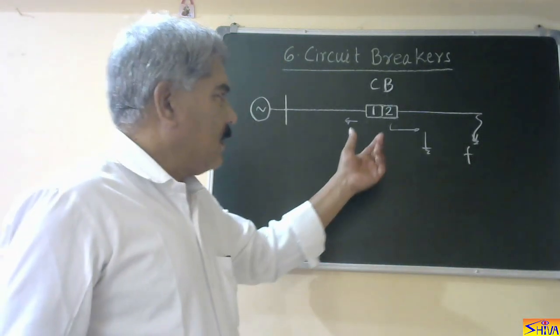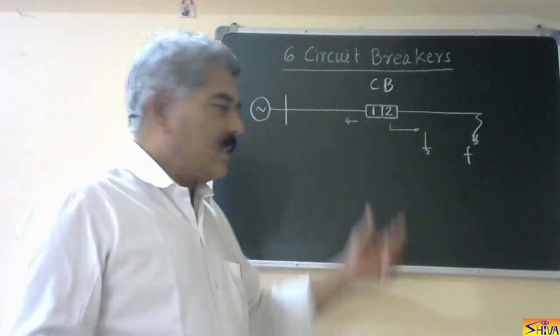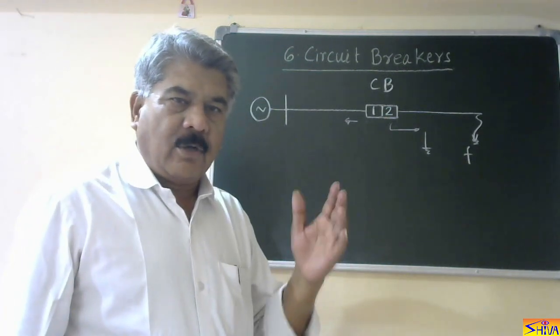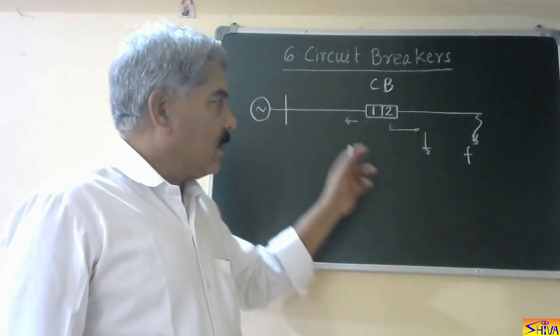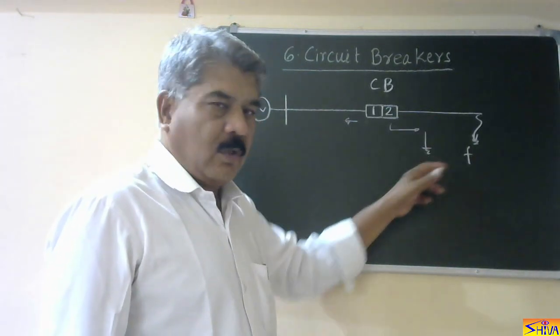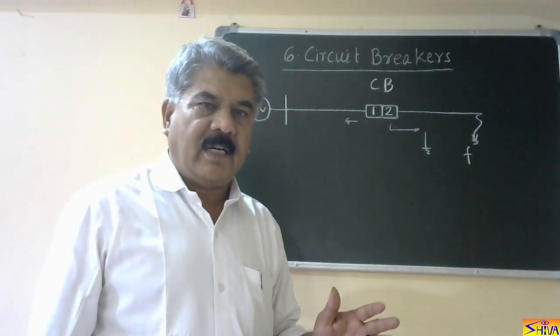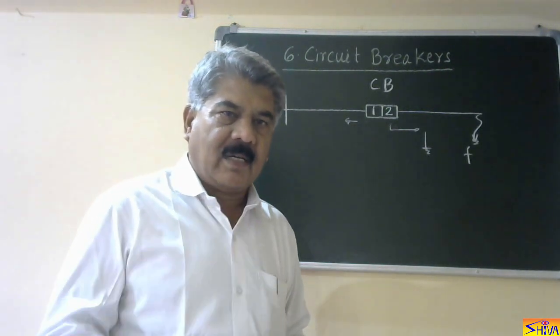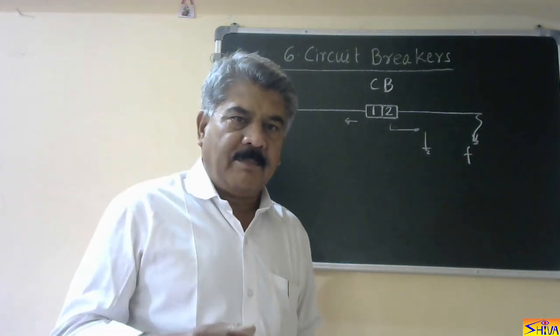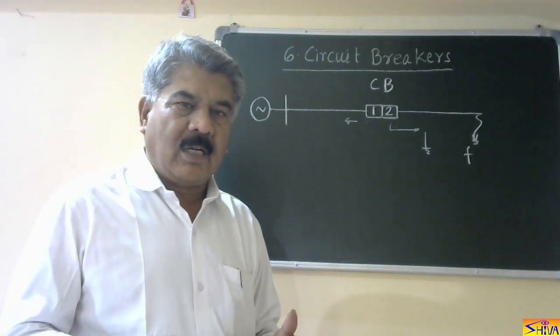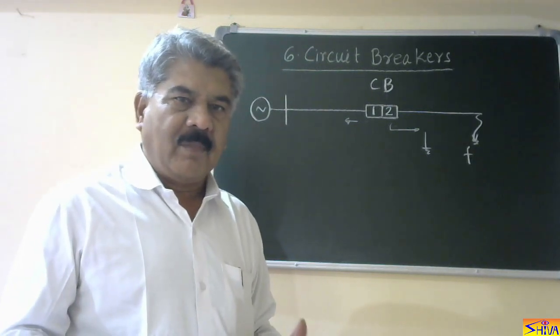So when this transition is there, arc is established between these two electrodes, and as long as this arc is there, current continues to flow to the fault, and fault will be completely isolated, fully isolated when this arc is interrupted. So main problem in this circuit breaker operation is how to interrupt and how fast to interrupt the arc.